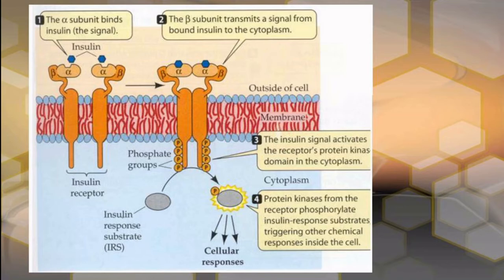The binding of insulin to the alpha subunit activates the dimerization of the alpha beta subunits, and the dimerization will activate the tyrosine kinase domain, which causes tyrosine phosphorylation. This will activate the insulin receptor substrate, that is IRS, and the phosphorylated IRS will trigger the cellular responses inside the cell.